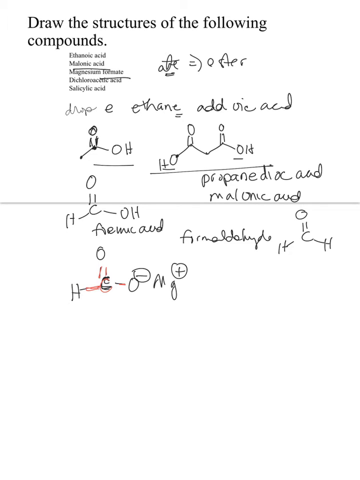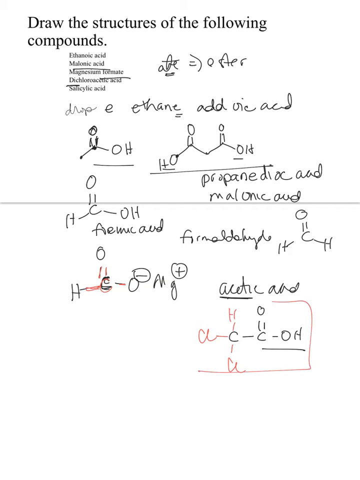Dichloroacetic acid. You should know by now that acetic acid, or that ACT, is basically 2 carbons. So acetic acid would put your carboxylic acid component on the terminal end, and then you've got dichloro. So this would be dichloroacetic acid.